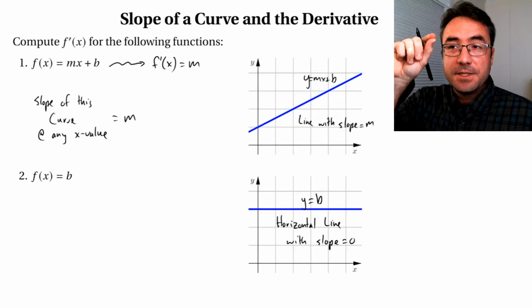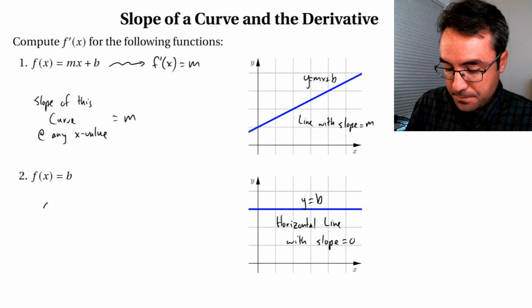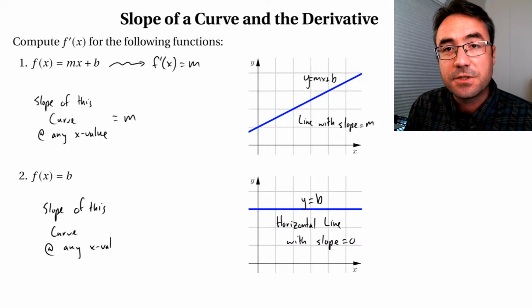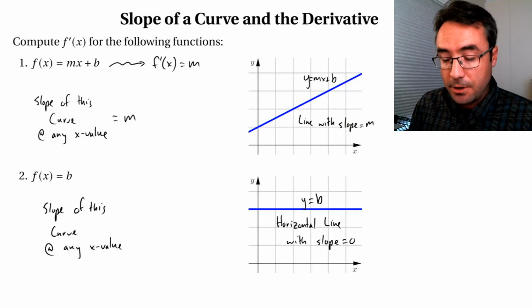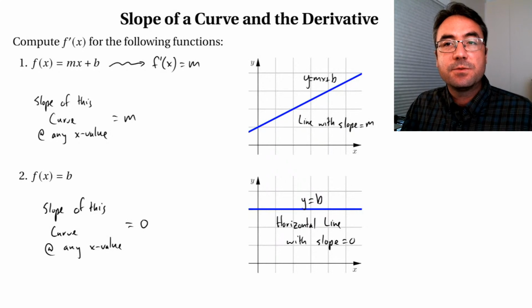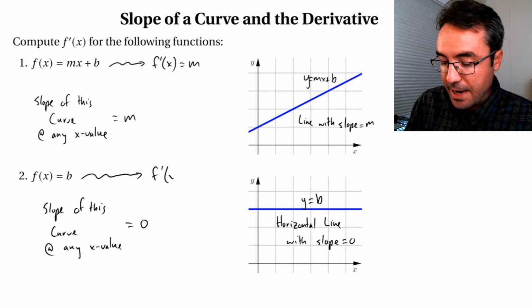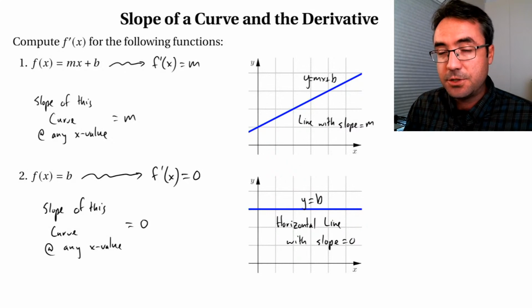So if we pick any point on that curve that we just graphed, at any x value, we're interested in what the slope is, and at any point on that curve, the slope is just 0. So f prime really is measuring the slope of the curve at any x value, and f prime in this case would just be identically 0.